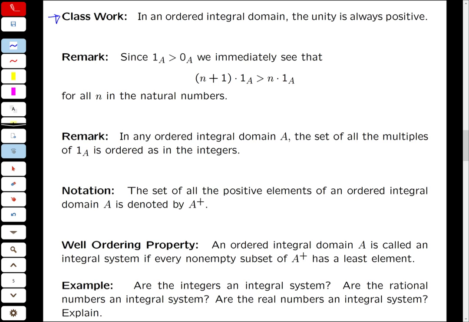It'd be 1, 0, 0, 1. Oh, okay, I see. So is it always going to be one though? That's why we write it 1 sub A usually, because we're trying to get you away from thinking that it's always equal to the number 1. In functions it's not 1 at all. There's no 1 in it.